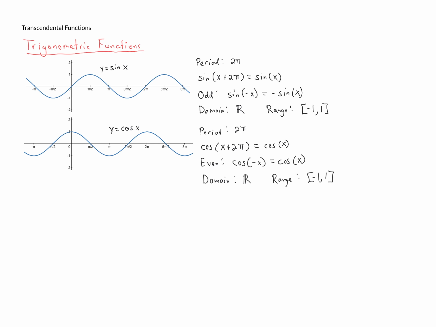And in fact, there is a concept that you will see in Calc 2 where we can write these as the sum of an infinite number of terms. This might blow your mind just a little bit, but because we're here, you can write sine of x as x minus x cubed over 3 factorial.